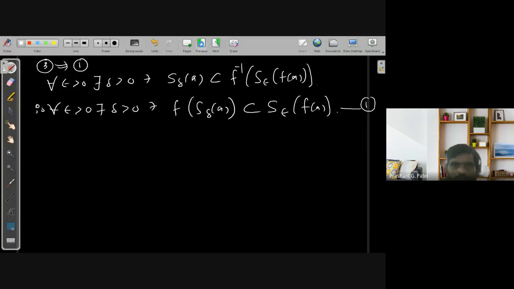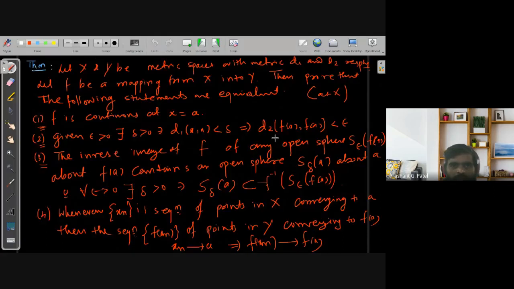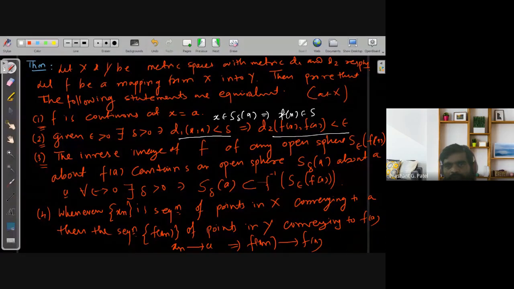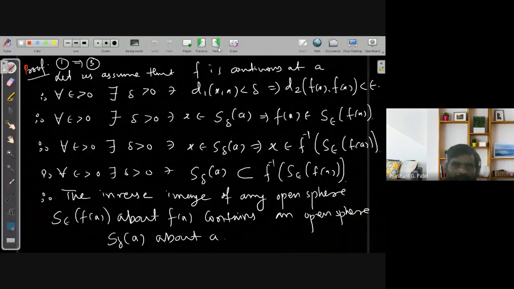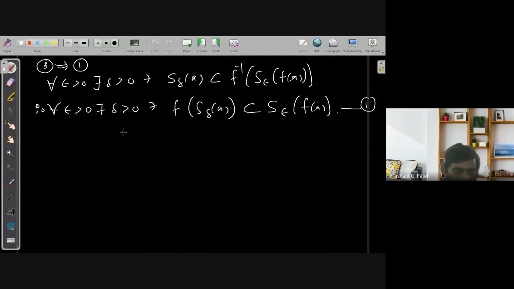What do we have to prove? Whenever this is there, it will imply this, or ultimately I have to prove that if x belongs to S delta of A, which implies f of x belongs to S epsilon of f of A. This is the objective. So I will start with one point in S delta of A, and we prove that the image of that point, that is f of x, will be in this neighborhood.